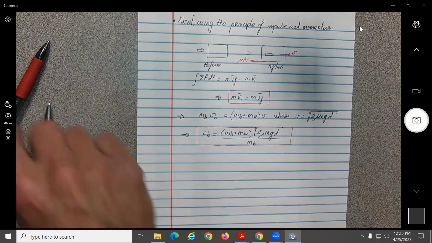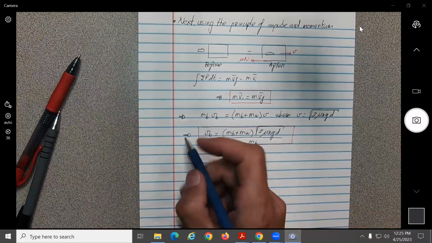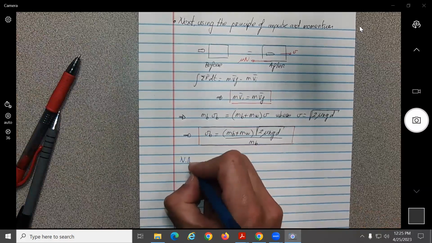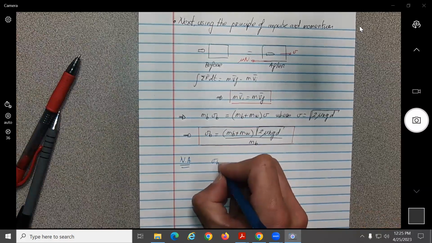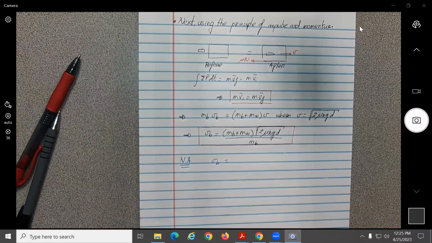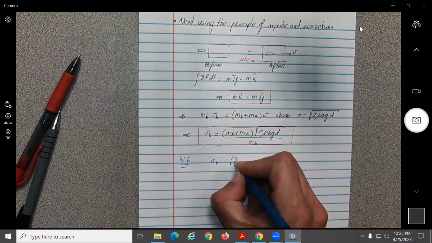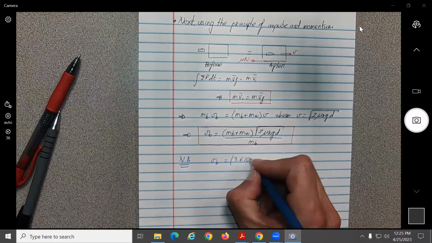So let's check if this is really what I did or not. So, numerical application. I hope we're going to get the same thing. What do we get? The mass of the bullet is, oh, now we need to be careful. 3.6, how many kilograms is that?